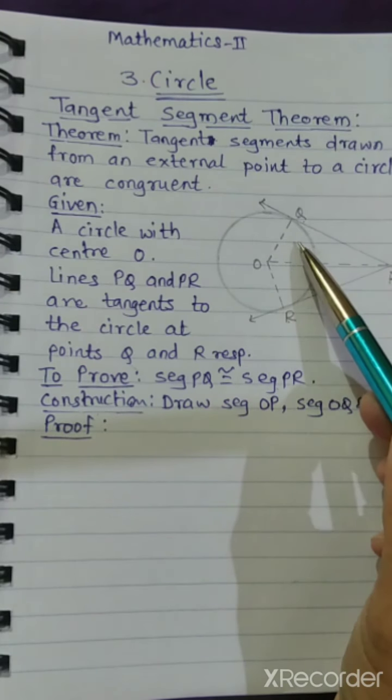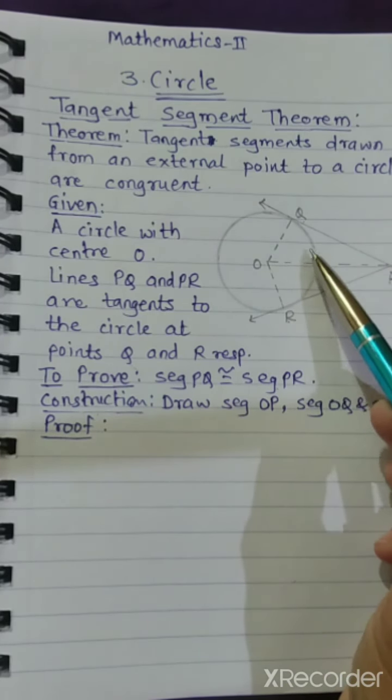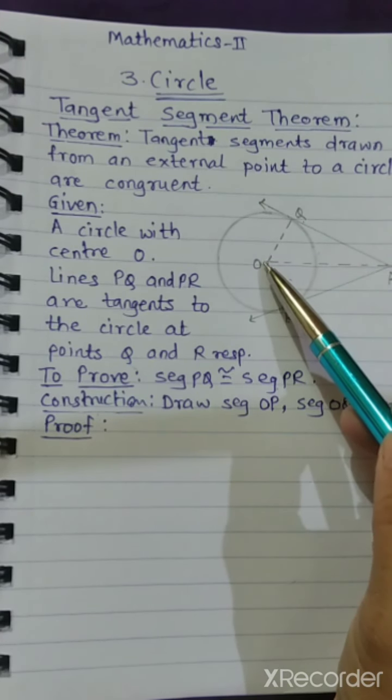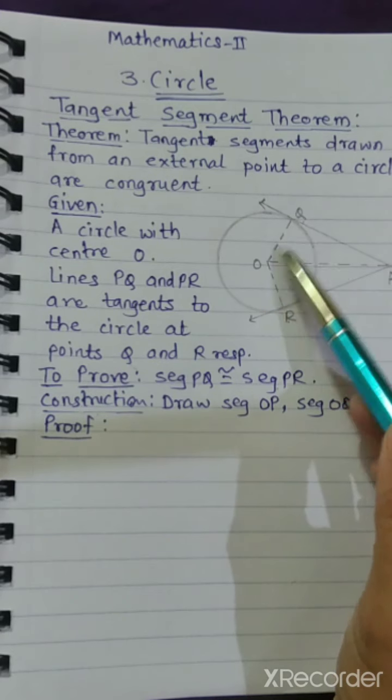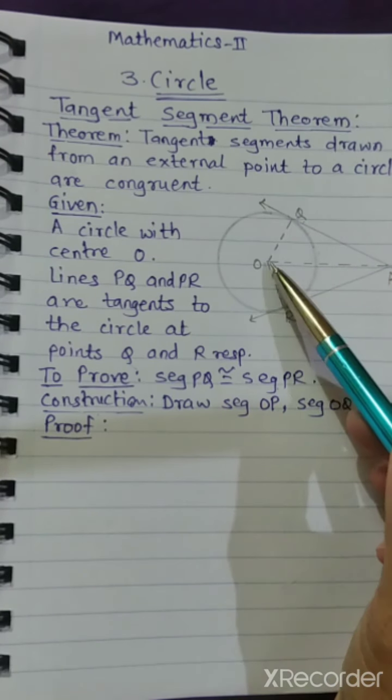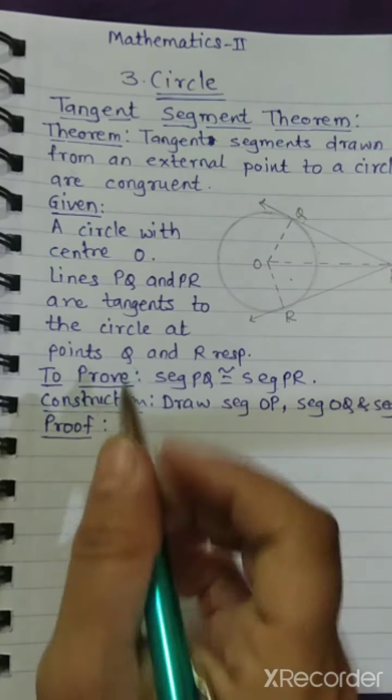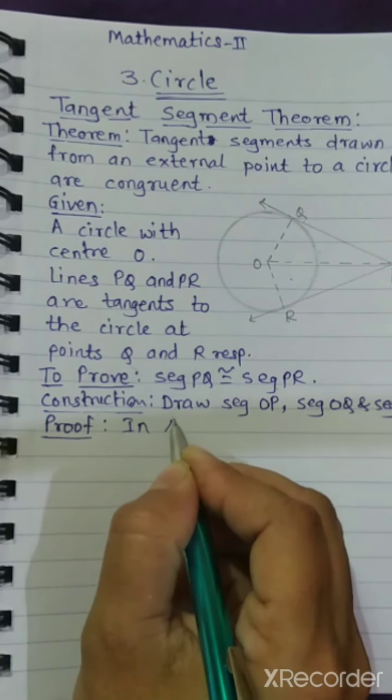Now students, here you can see these are two different triangles, triangle OQP and triangle ORP.